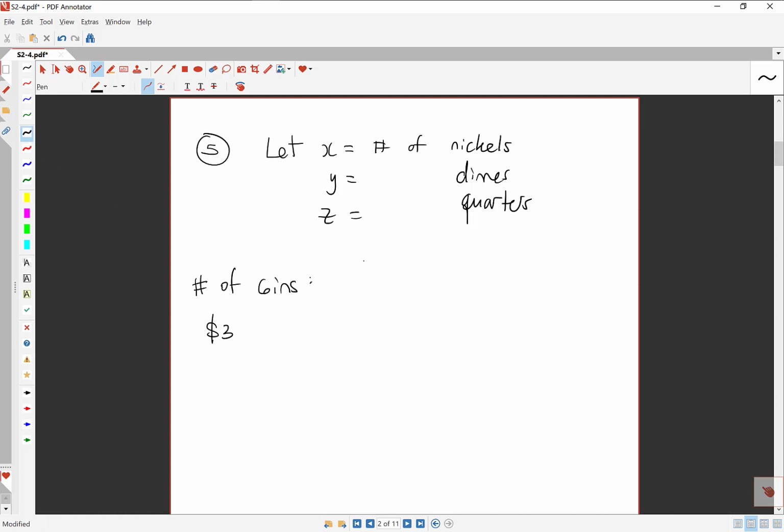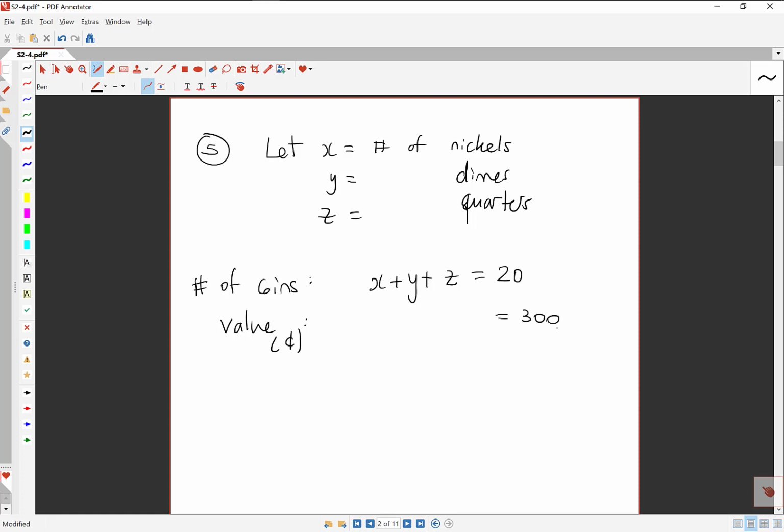So let's talk number of coins. Okay, well, x is the number of nickels. So if we add the number of nickels plus the number of dimes plus the number of quarters, we should be getting 20. That's what we were told in the problem. And then there was the condition on the value. So it's your choice whether you do this in dollars or cents. If you do it in cents, the advantage is you won't have decimals.